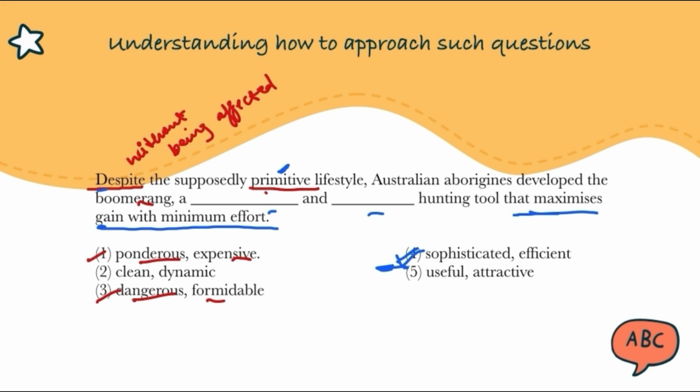Based on that, we went on to draw inferences as to what could be the best possible answer here, and then solve the question. Now, let's try to solve some previous year questions so that we can understand the concepts better.